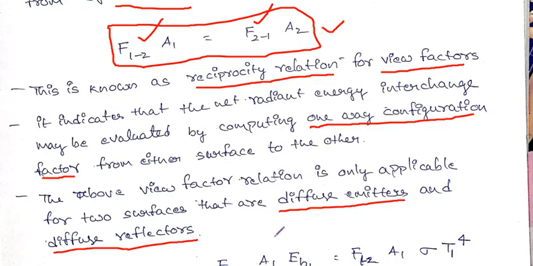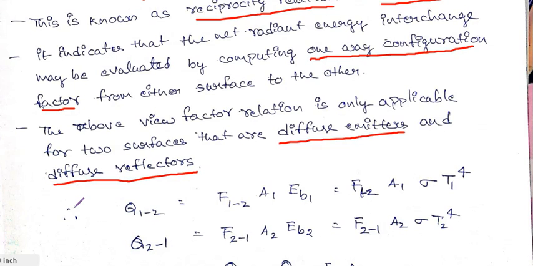Diffuse means the radiation is uniform in all directions. So diffuse emitters have uniform emission in all directions, and diffuse reflectors have uniform reflection in all directions.